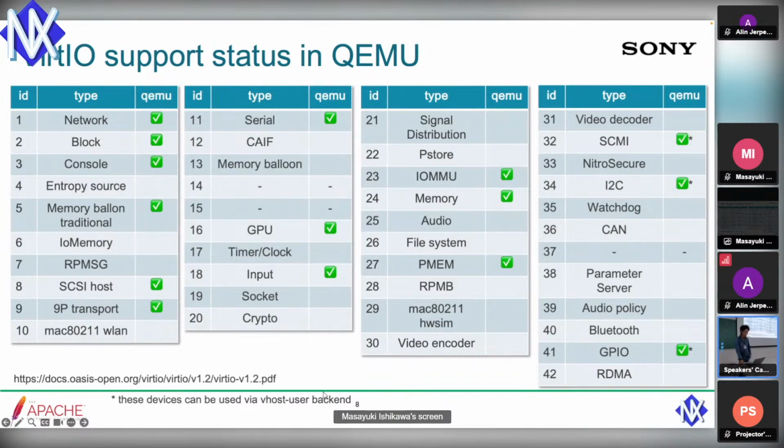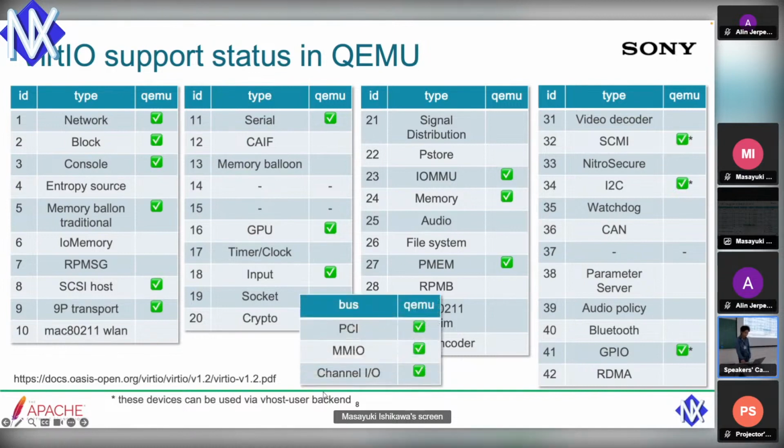Also, some device types such as I2C and GPIO are supported by the vHost user backend. In today's talk, I will not explain what vHost user is, because it's more complicated to improve performance inside QEMU. As for the bus architecture, QEMU supports all device bus types in the spec.